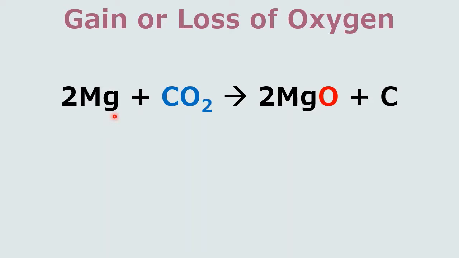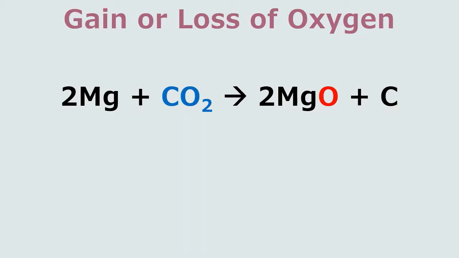After the reaction, magnesium gains oxygen and forms magnesium oxide, while carbon dioxide, CO2, loses the oxygen and forms carbon atom only.